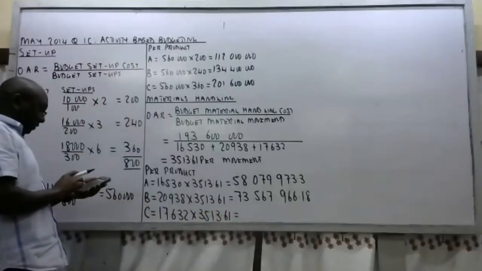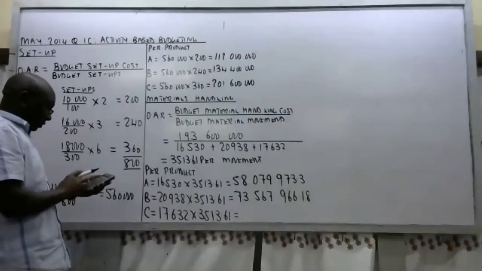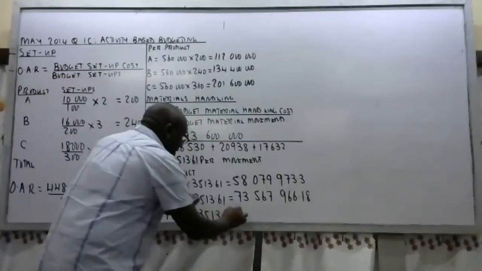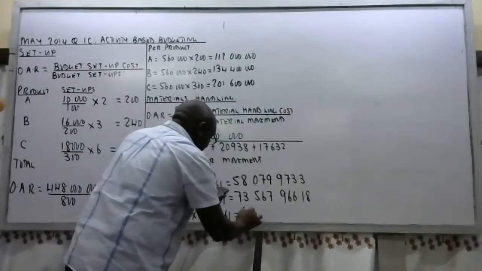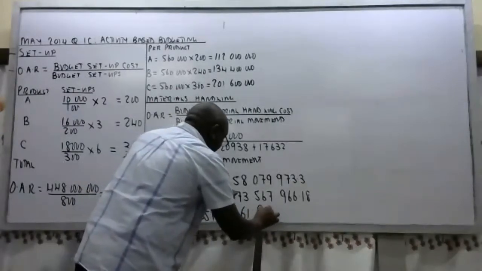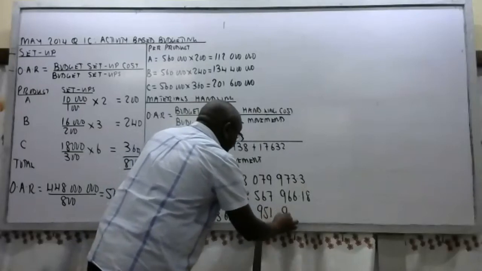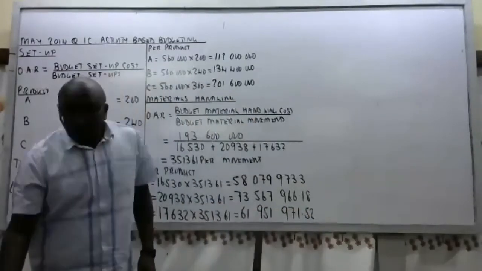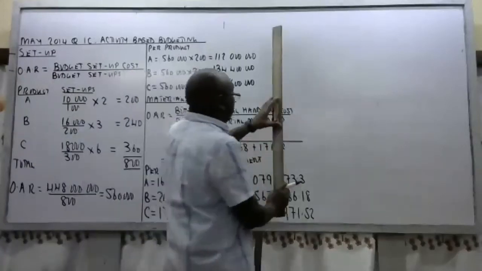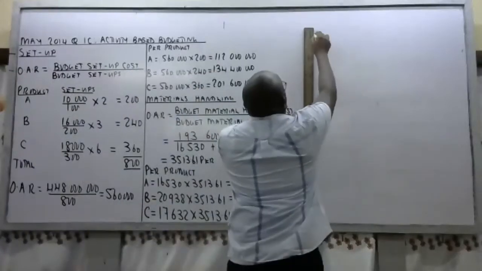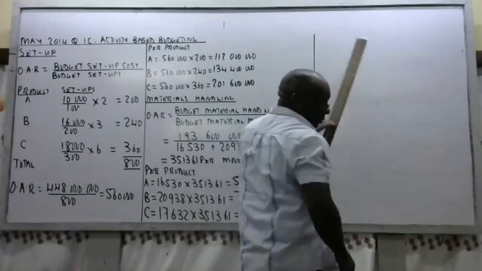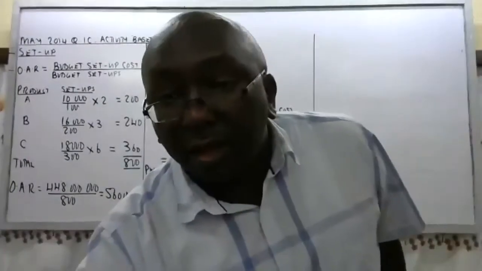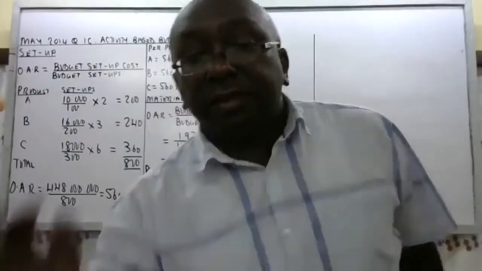So if I say 17,632 times 3,513.61, it is 61,951,971.52. Yeah, good. It's confirmed.